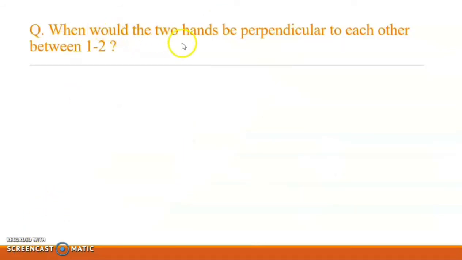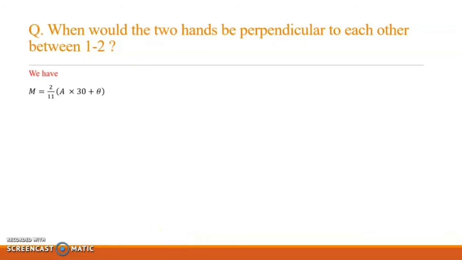When would the two hands be perpendicular to each other between 1 to 2? Now here the angle is what? Perpendicular means what? The angle is 90 degrees. And my A is 1, B is 2, theta is 90 degrees. So on applying the formula, what we get is this.